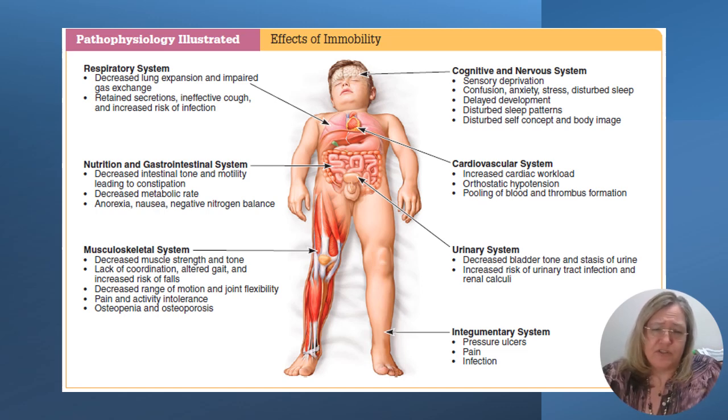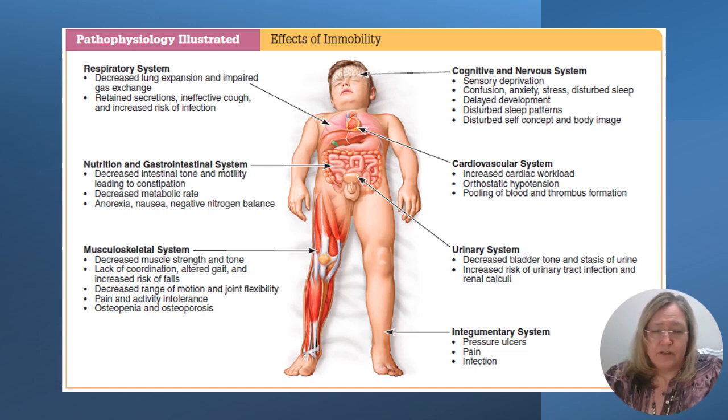You may not have thought about all these different effects thoroughly before, but not only are the muscles affected, the muscles start to atrophy within a couple days of being immobile, and they continue to lose a large percentage of their mass until the body starts moving again. So that can take a long time to recover from if we immobilize an area.